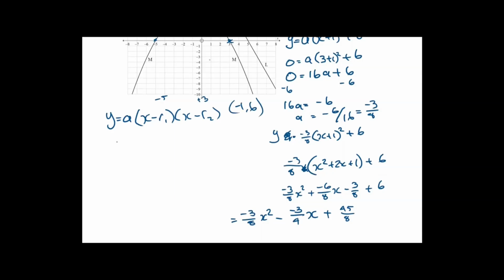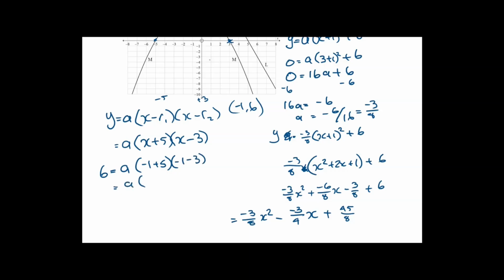So let's do that now. y is going to be equal to some number a, x plus 5, x minus 3, and now wherever we see an x we're going to put -1, wherever we see a y we're going to put 6. So 6 is going to be equal to a times -1 plus 5, -1 minus 3.